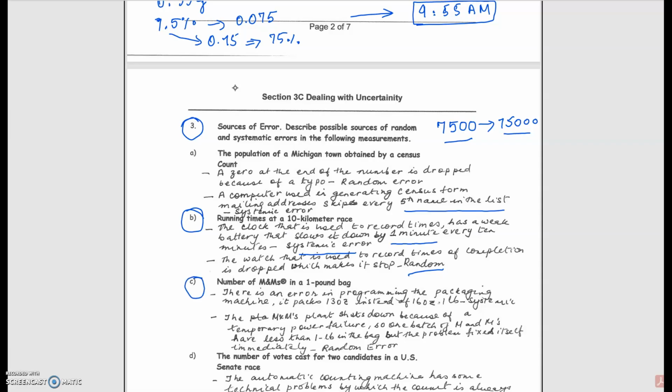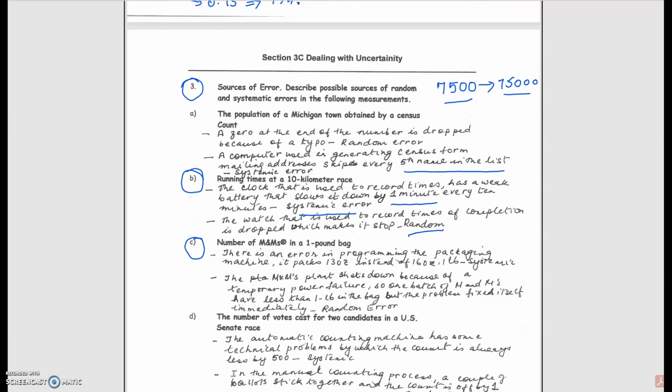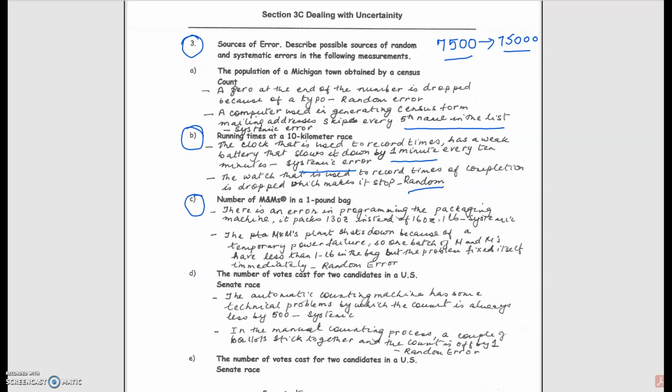Now the next one, the number of M&Ms in a 1-pound bag. In this case, again, there is an error in the manufacturing system, right? So all this is done not manually.